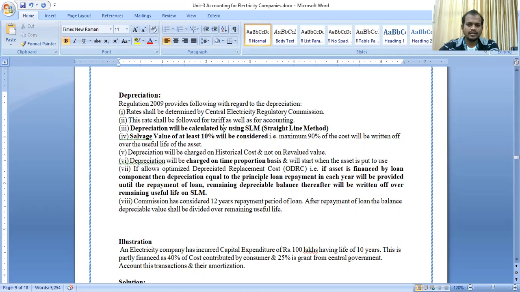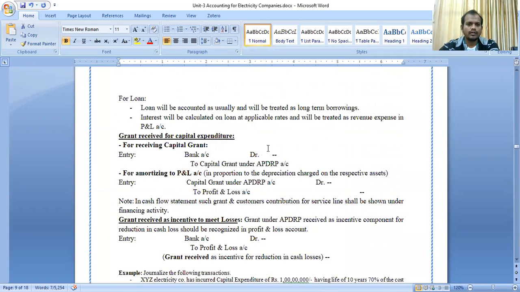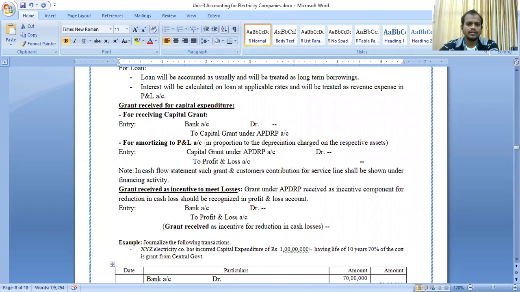So the major highlighted points are: depreciation will be calculated by using straight line method. As we discussed so far about grant and amortization, everywhere it is mentioned in proportion to the depreciation charged on respective assets.